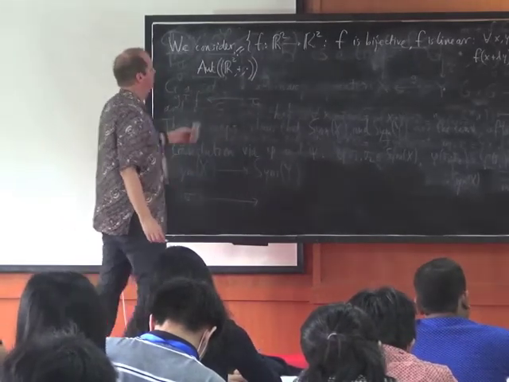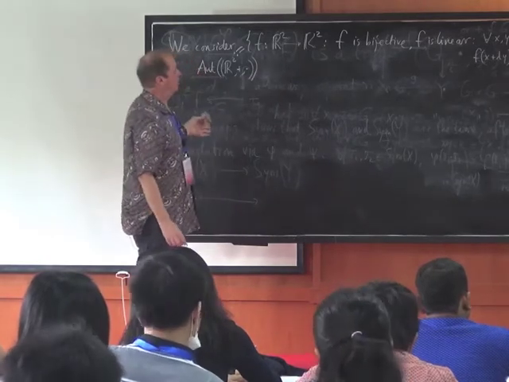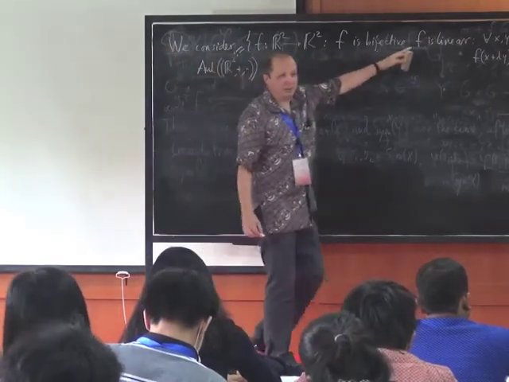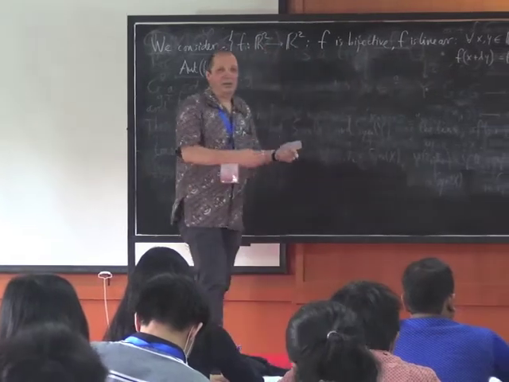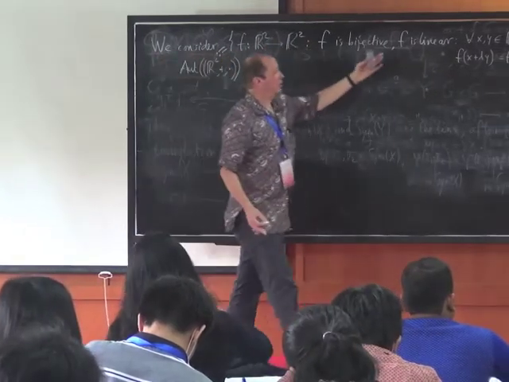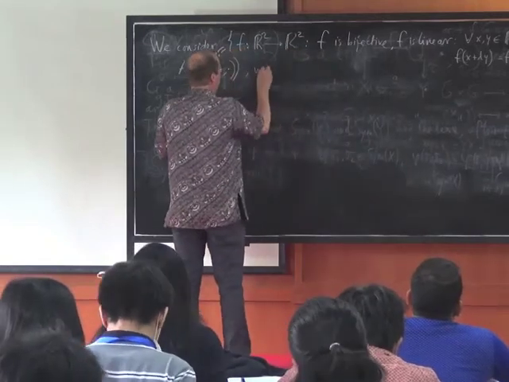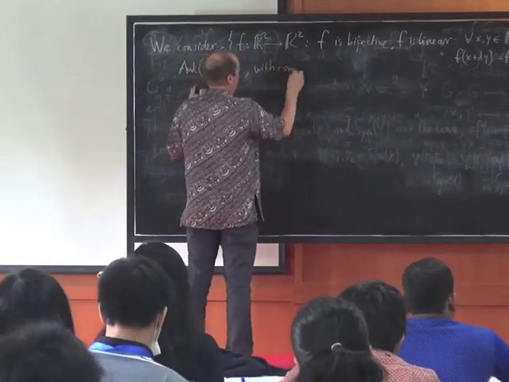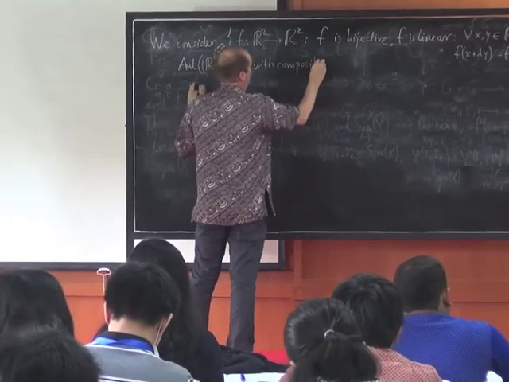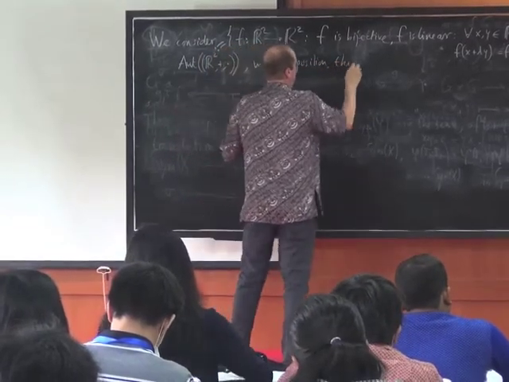And actually, the first thing you can remark is that if I compose two things like that, I again get a bijection that is linear. So this is with composition. This is a group.